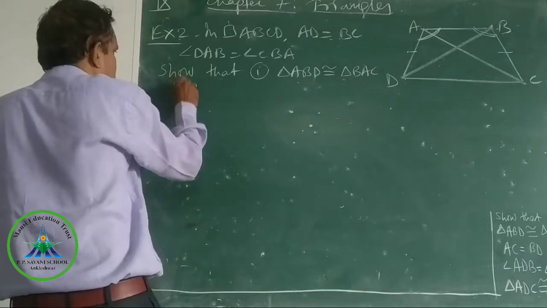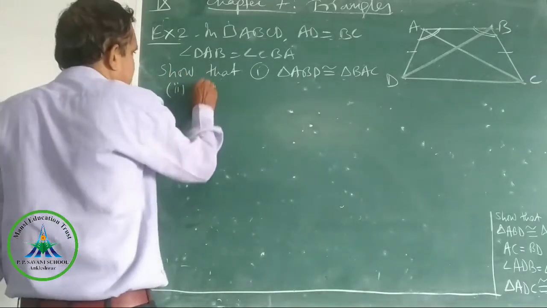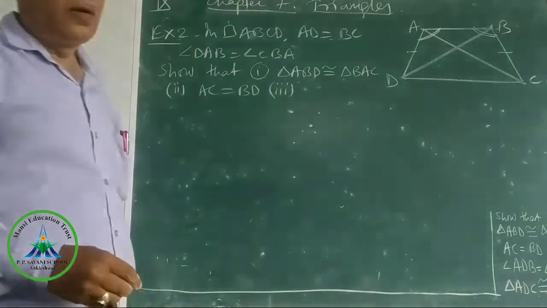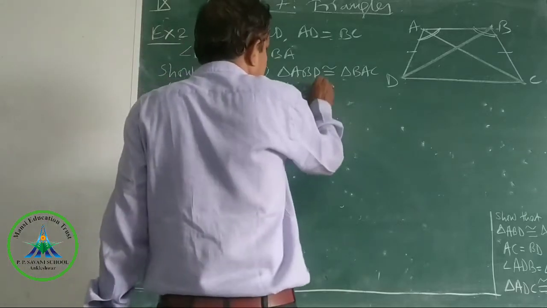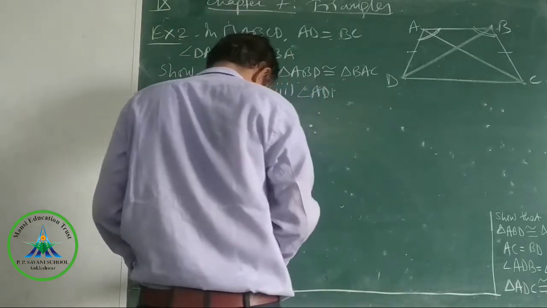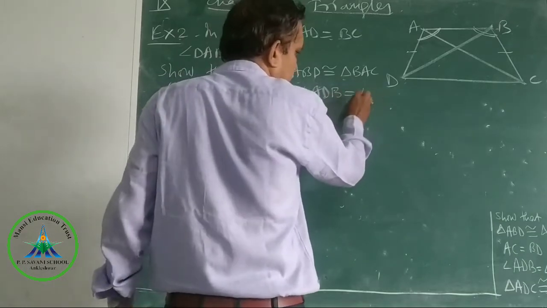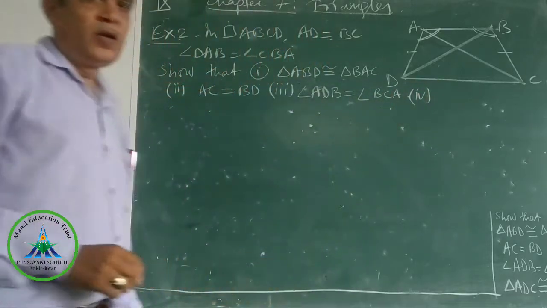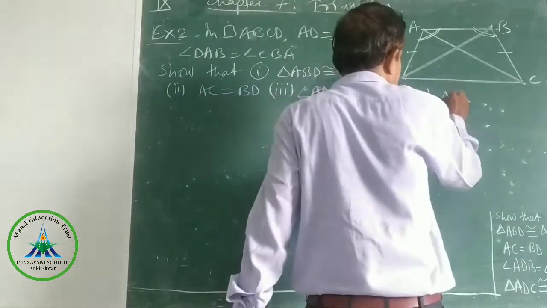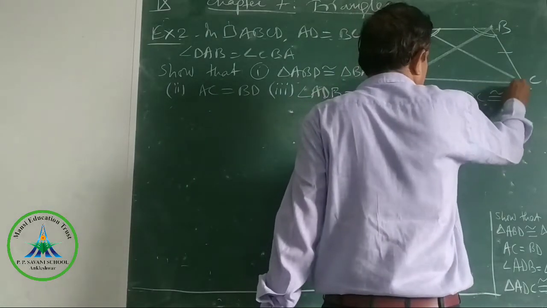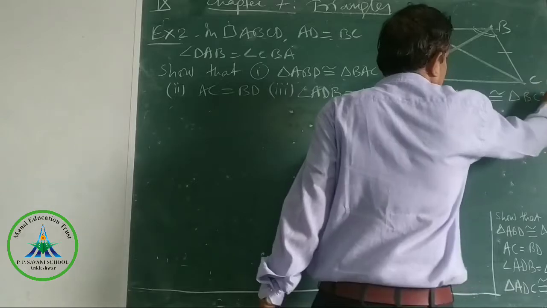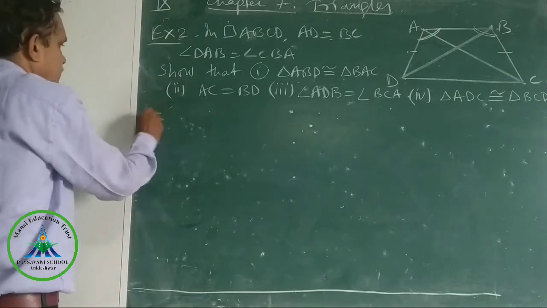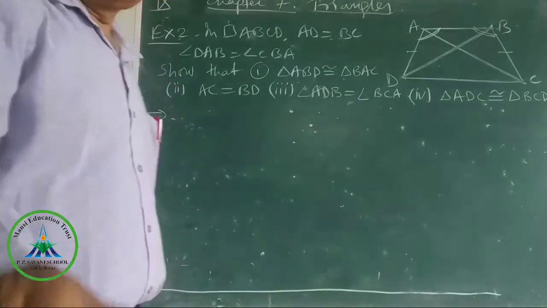Number two, AC equal to BD. Number three, angle ADB equal to angle BCA. And fourth, triangle ADC is congruent to triangle BCD. This is example number 2.